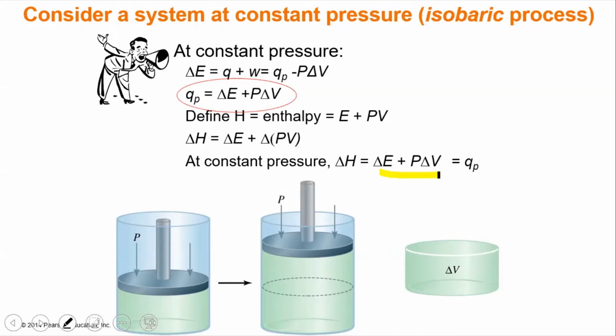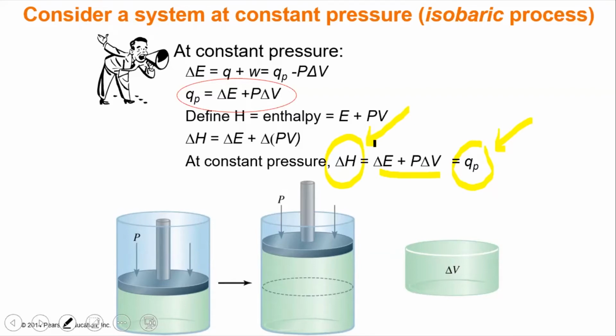In other words, if I carry out a chemical reaction at constant pressure, the energy that is transacted, or the heat that is transacted in there, is now a change in a state function. There is a final minus initial. Now, the idea is I'm going to measure the heat, but that is going to be converted into something that is actually a function of state.